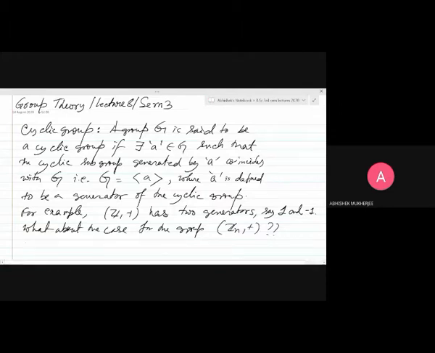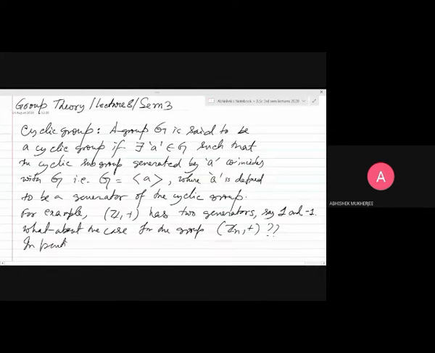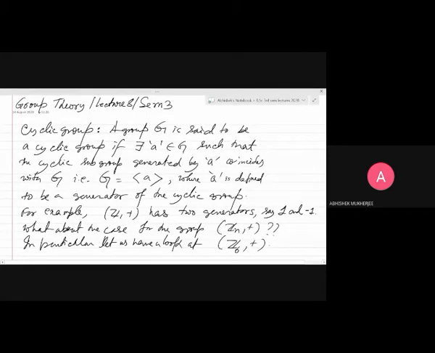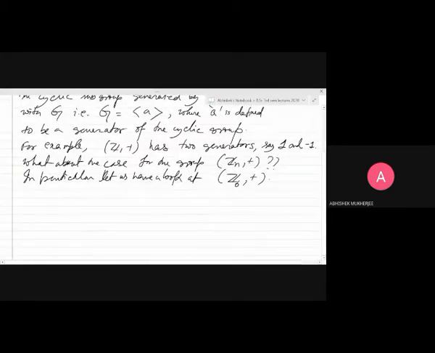In particular, let us have a look at Z6 plus. So can you search out one generator for Z6 plus?